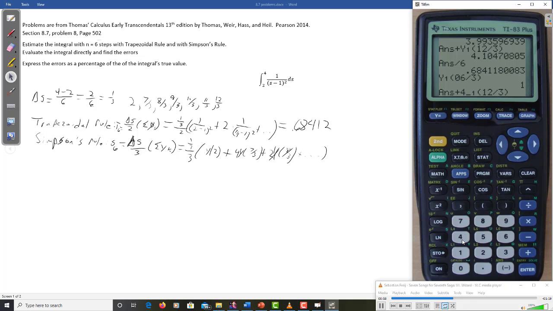So plus 4, plus 2. So this one should be 7/3, and this one should be 8/3. This will move us pretty quickly through our terms then.